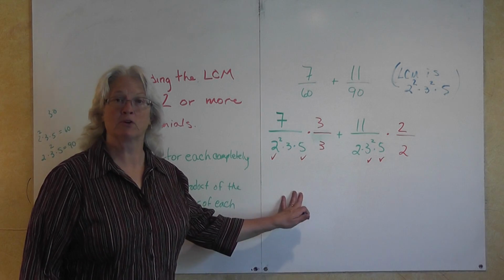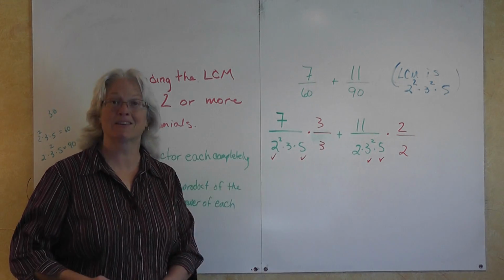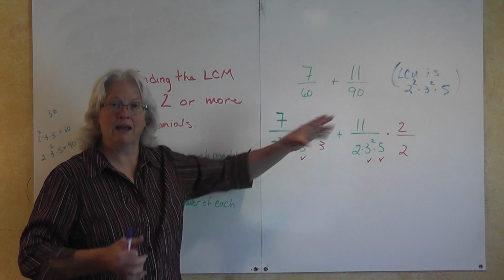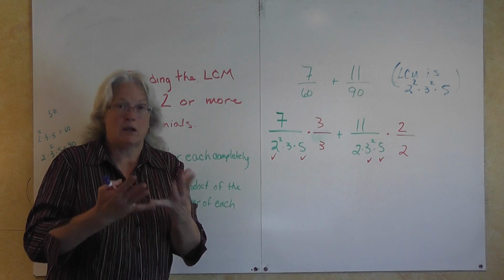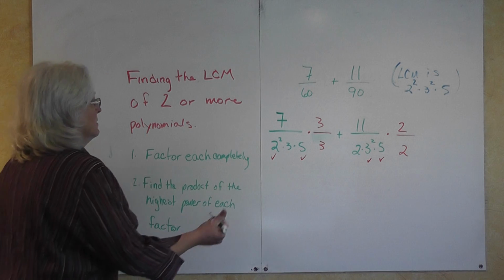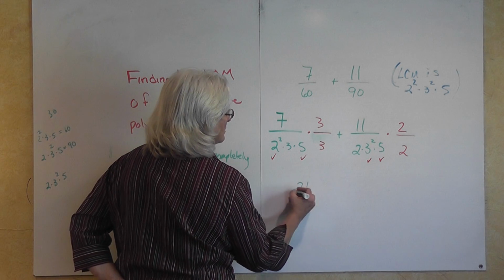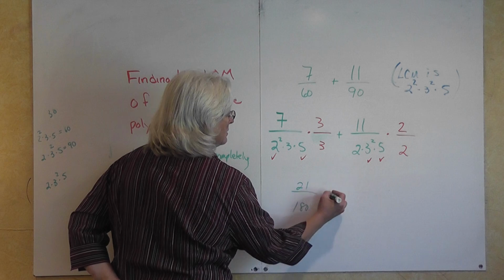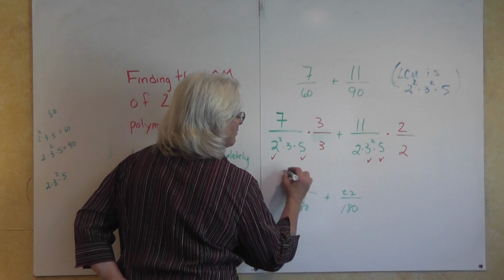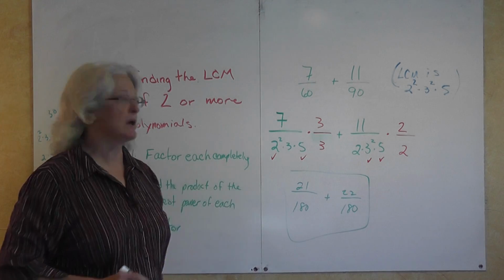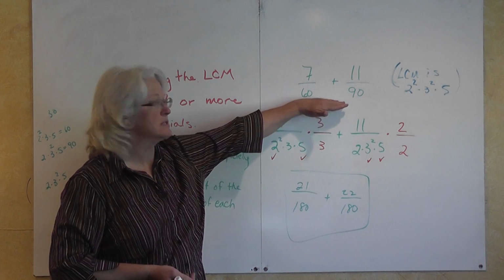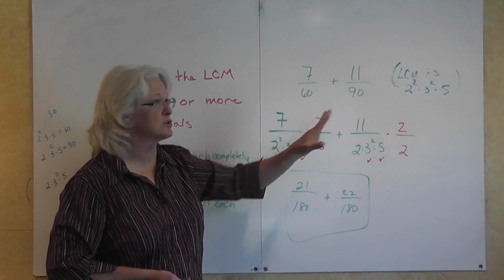So we're going to multiply the first fraction by 3 over 3, the second fraction by 2 over 2. We do that because as long as you multiply any expression by 1, you don't change its value. We have 21 over 180 plus 22 over 180. You add that together and you have 43 over 180 as the sum of these two fractions.